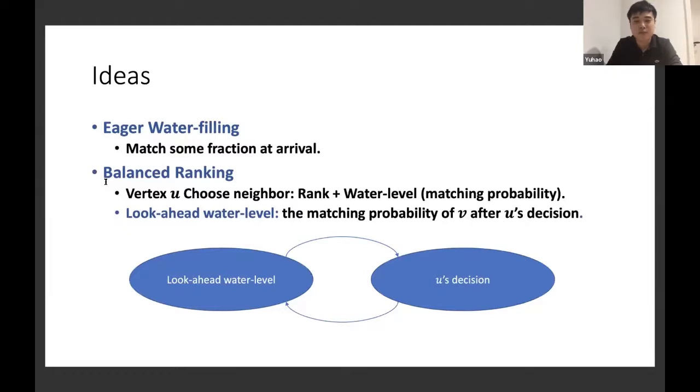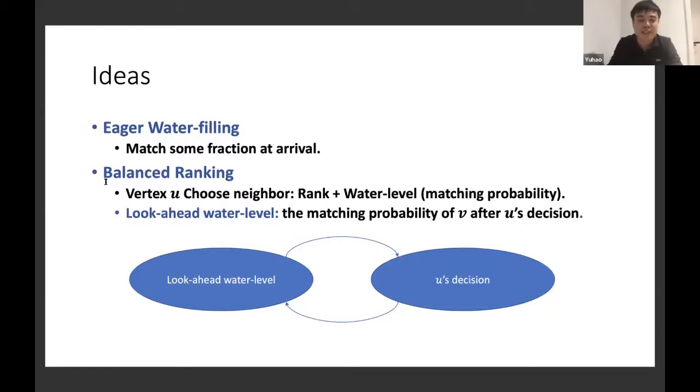Maybe related to that, are there other problems beyond the specific setting where these algorithmic ideas are useful? In addition to competitive ratio, are there some general principles where these ideas can help in other related problems?